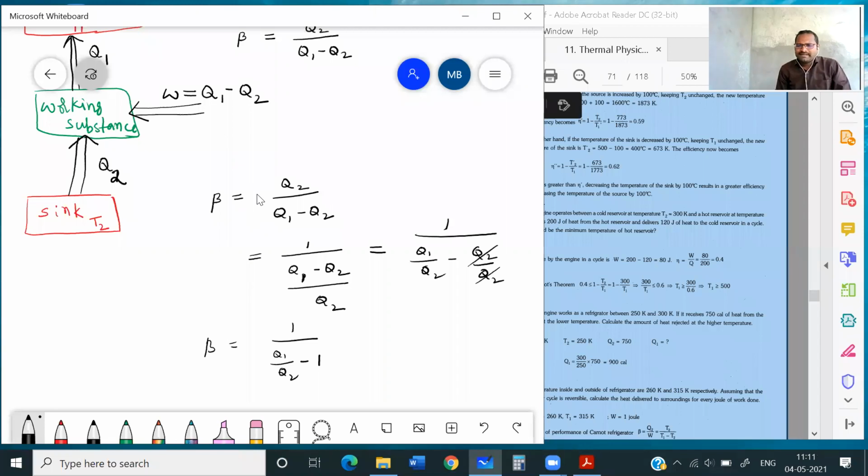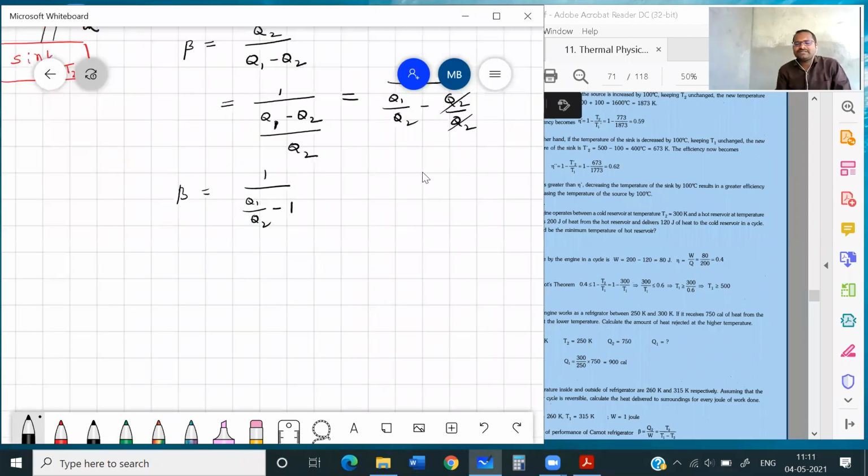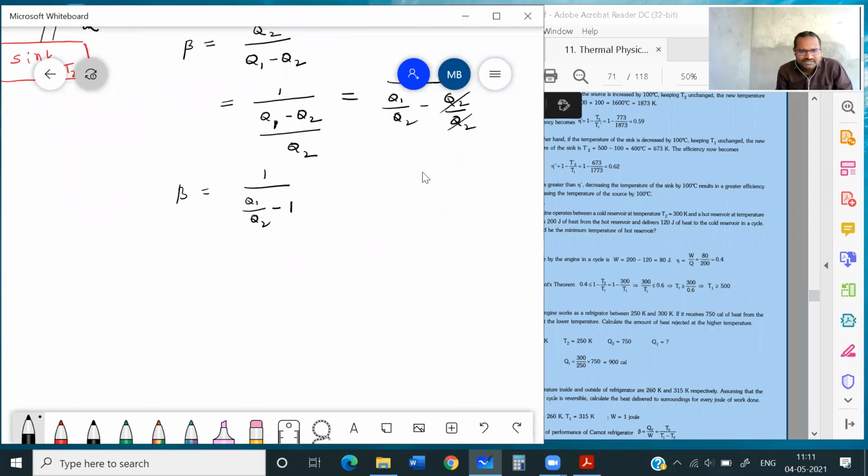As we know already, in the heat engine we have discussed, Q1 by Q2 is nothing but T1 by T2. One derivation I have done. So replace here, you will get beta is equal to 1 divided by (T1 by T2 minus 1).